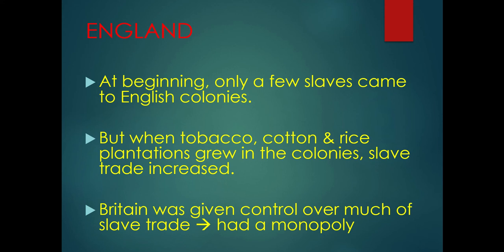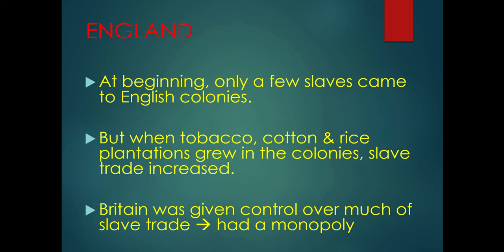It wasn't a huge influx of slaves coming in, like hundreds of thousands of slaves. It was only a few at a time. But then tobacco plantations started popping up, and cotton plantations and rice plantations, and they were getting more popular. They decided they needed more people.